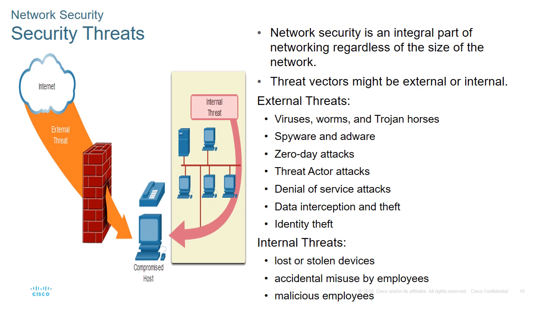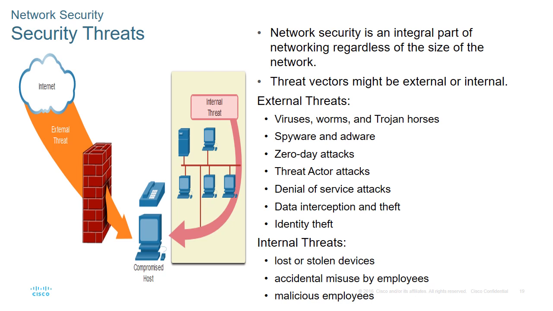The other external threats are spyware, adware, zero-day attacks, threat actor attacks, denial of service attacks, data interception and theft, and identity theft. These are the different types of external threats available today, and we already discussed them in the class.